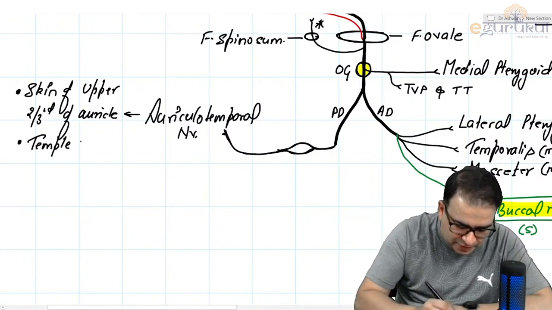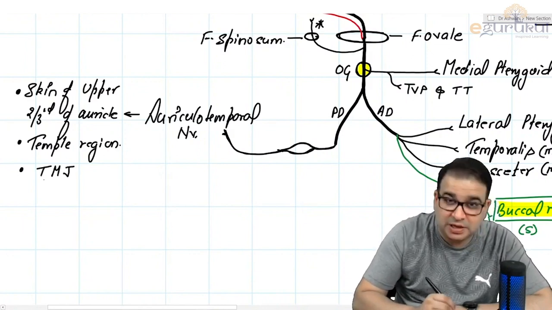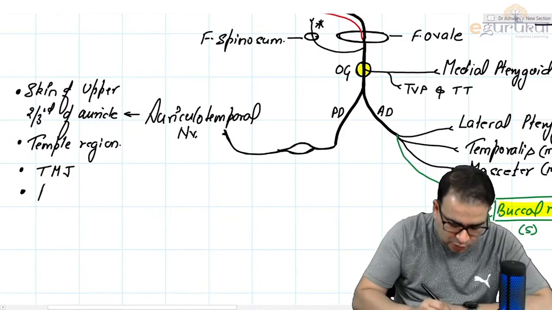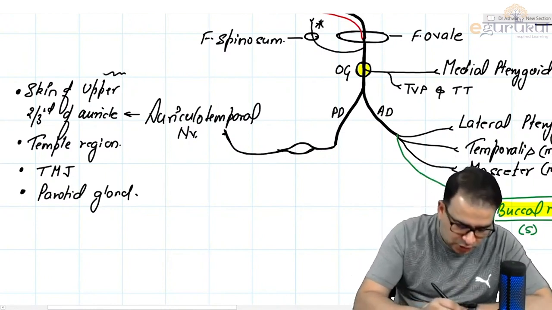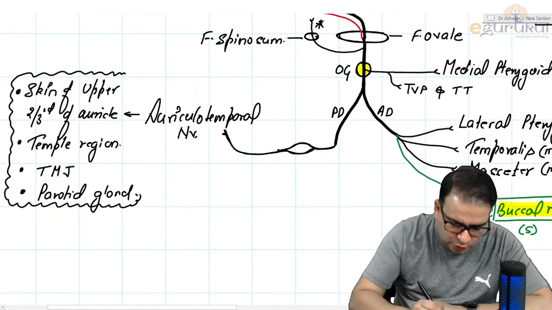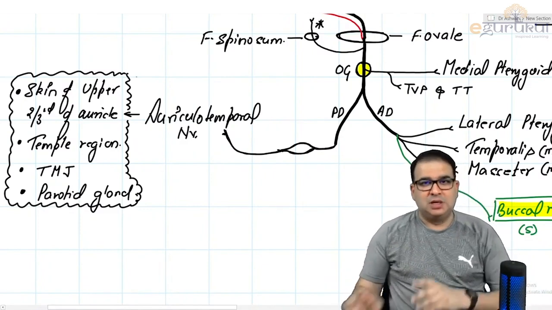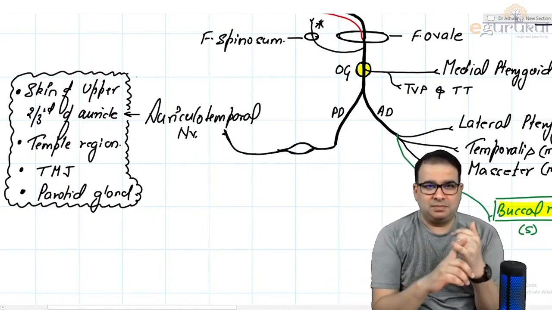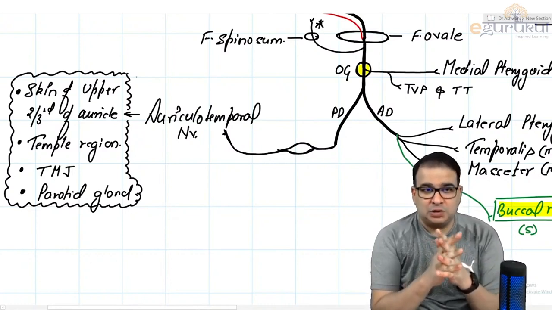It supplies the temporomandibular joint, TMJ, and it also supplies the parotid gland. This is all done by the very, very important auriculotemporal nerve. You will be able to understand it even better when we talk about the parotid gland. So that's the auriculotemporal nerve, supplies skin of upper 2/3 of auricle, temple region, temporomandibular joint also, and the parotid gland.